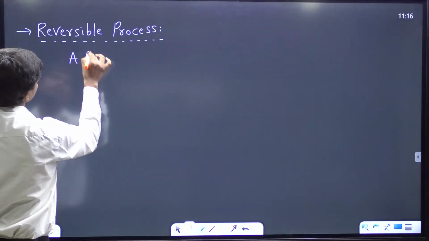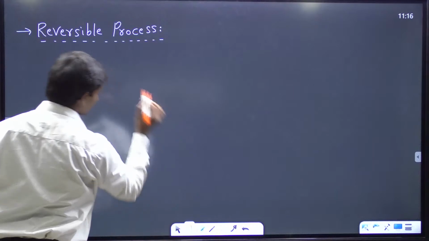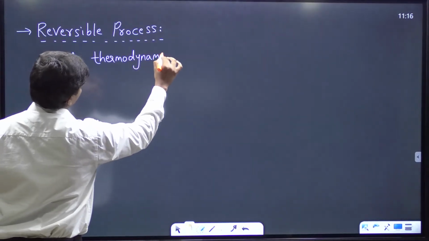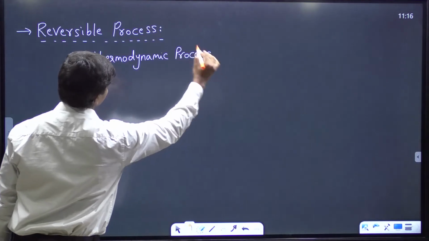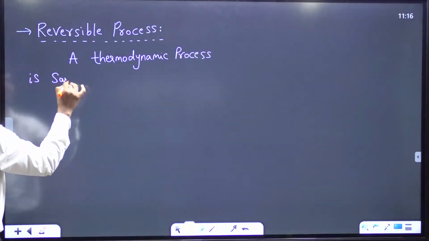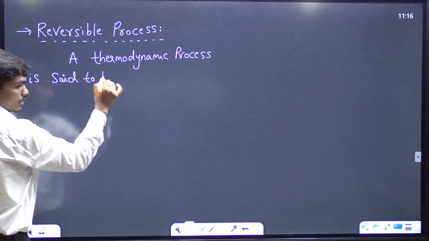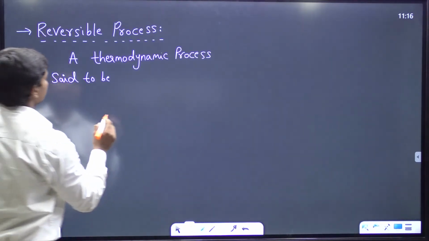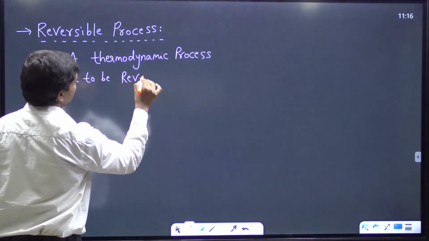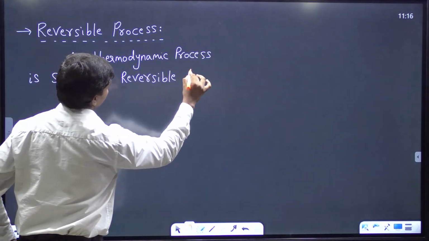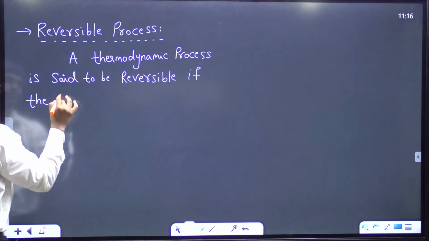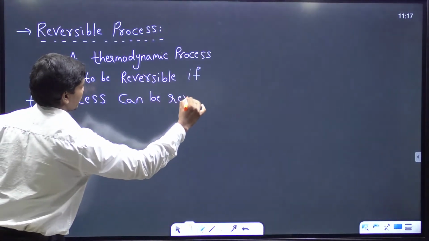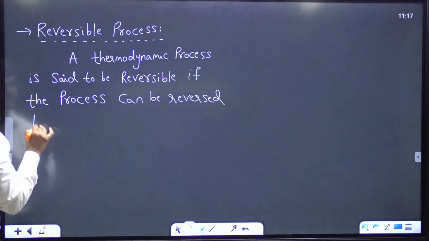A process, or you can say to be more precise, a thermodynamic process is said to be reversible if the process can be reversed to the same initial state.